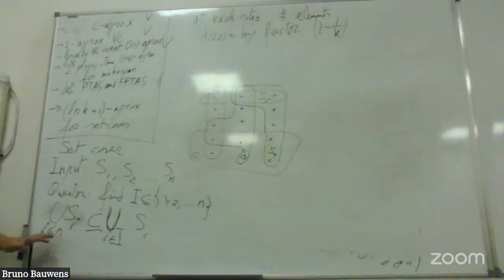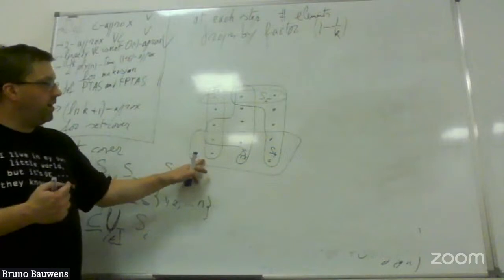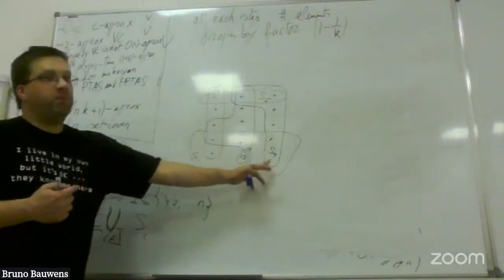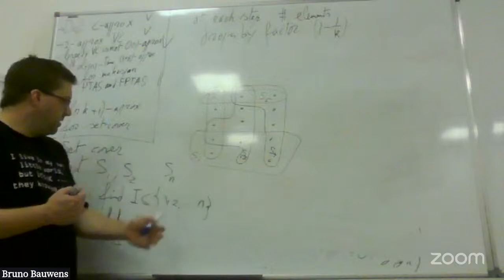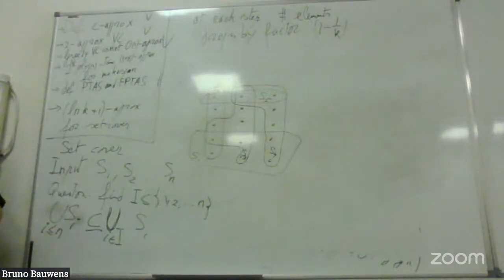So that's another way to say it: all the elements in the sets are covered by the three sets we've chosen. So it's kind of a reduction.